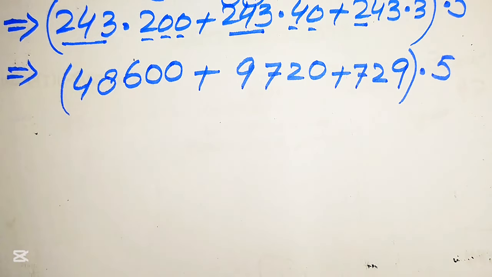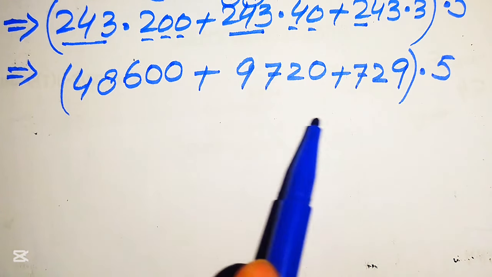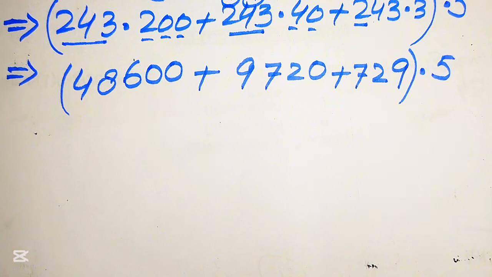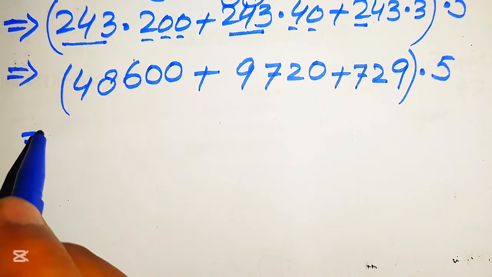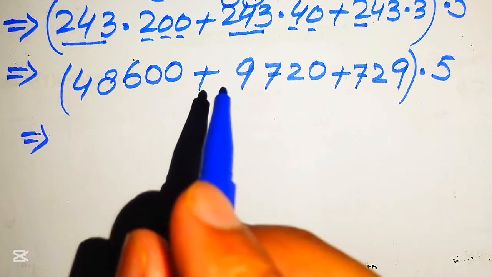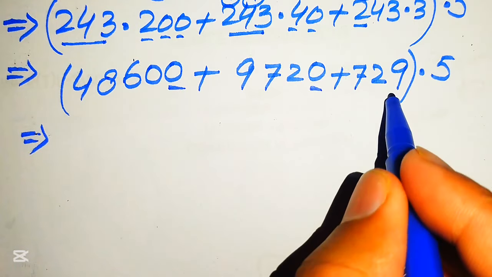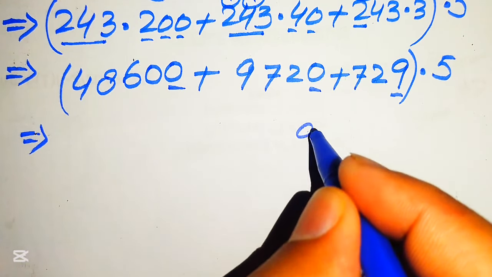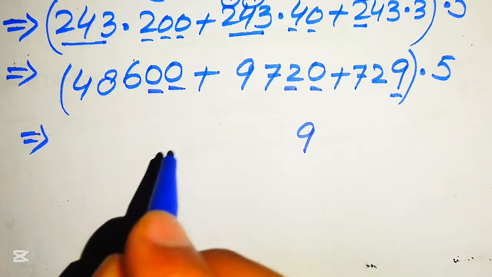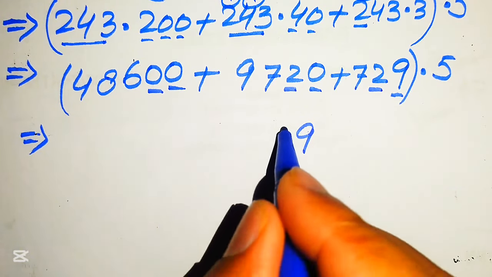In the next step we need to add these three values in a very smart way. I can just add all of these values directly. First, 0 plus 0 becomes 0, and 0 plus 9 equals 9. Then 0 plus 2 is 2, 2 plus 2 is 4.